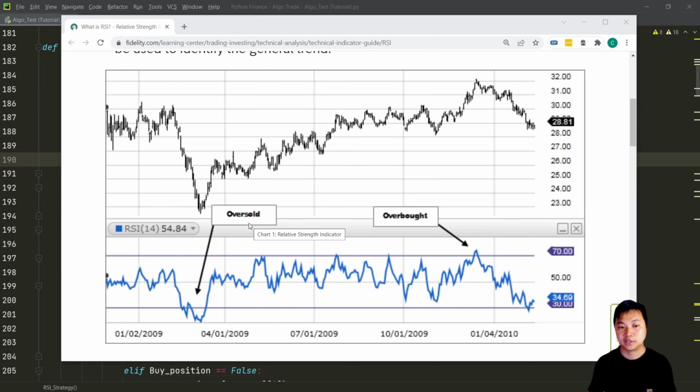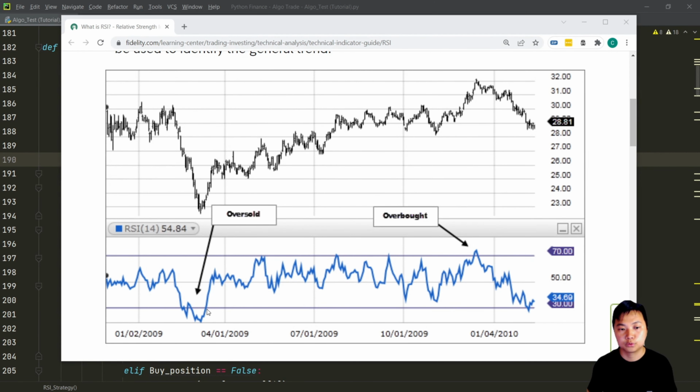For example, in the oversold zone, we want to find an entry point for buying the stock or for a long situation. On the other hand, when the stock is in the overbought zone, that means we want to find an entry point for short selling the stock or short selling the market.